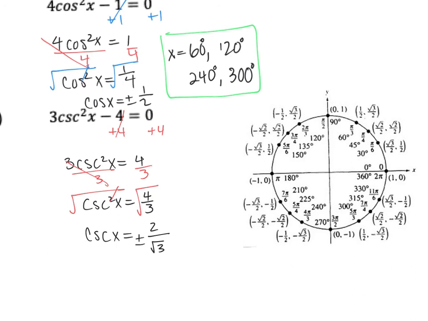Now, just as a reminder, cosecant is a reciprocal to sine, so it might be easier to just go ahead and flip this and make it a sine value. So the reciprocal to cosecant is sine. So if I flip it, it's just √3/2, which is easier to find on the unit circle. So we're looking for a positive and a negative √3/2 for sine, so the y values. So if we look at the unit circle here, the first one happens to be at 60 degrees.